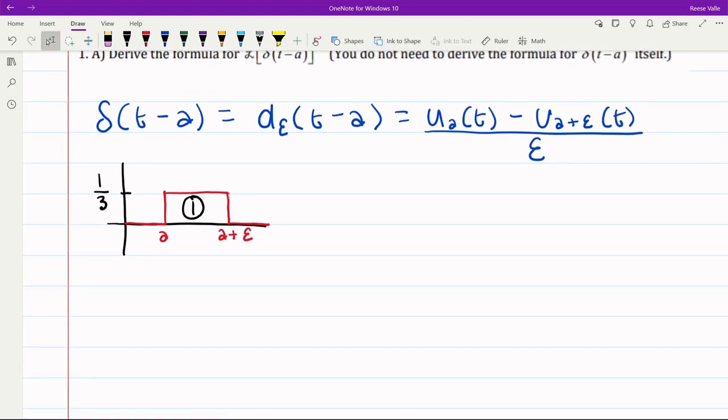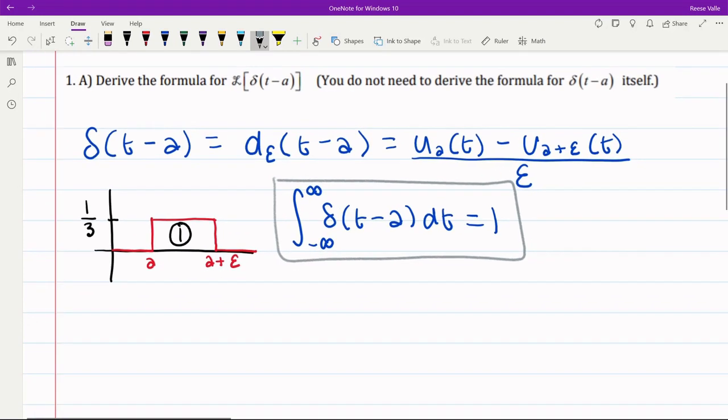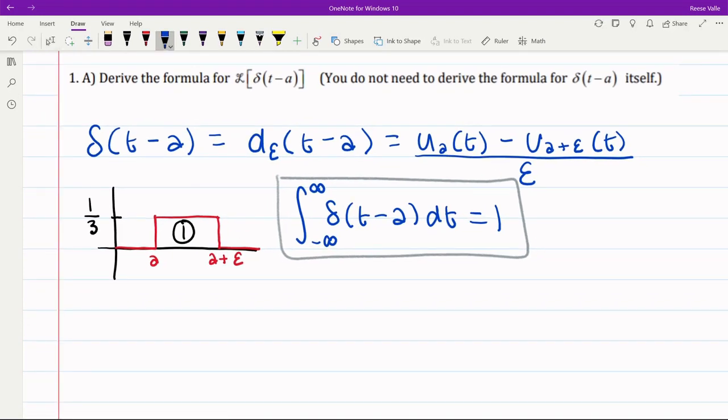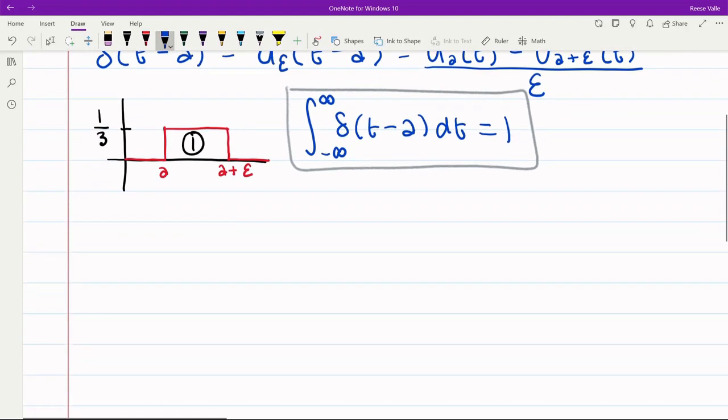We'll just know that the integral of delta of t minus a from negative infinity to infinity dt is going to equal 1. I think that's what she means by you do not need to derive the formula.